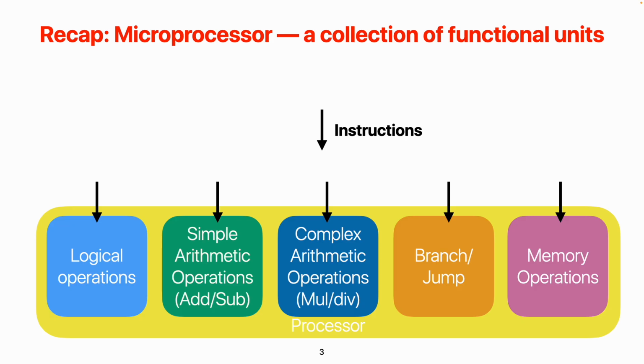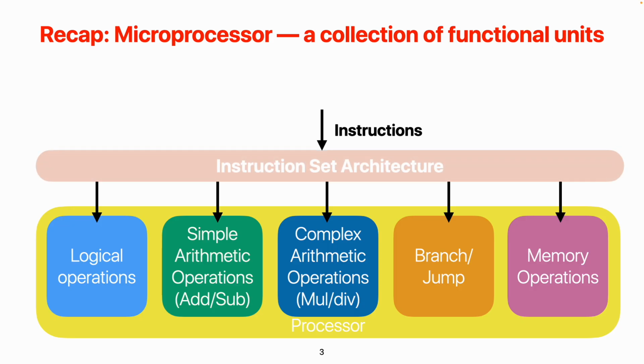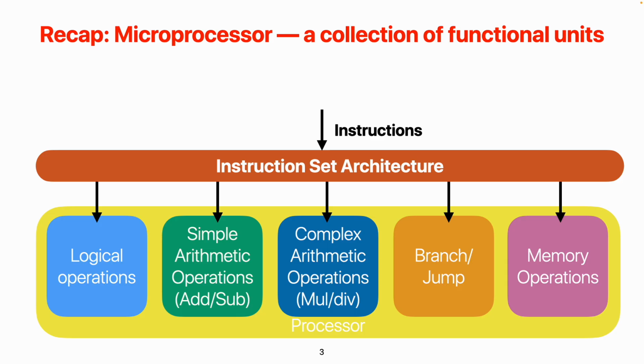And finally, because you need to fetch data from somewhere else, your processor should have memory operations. Most of the time our processors do a lot of things internally, but they try to simplify things. It turns out all processors nowadays have some kind of language that they use to talk to the external world, and that language is called the instruction set architecture. Famous examples include Intel and AMD's x86, which is the one you use a lot.